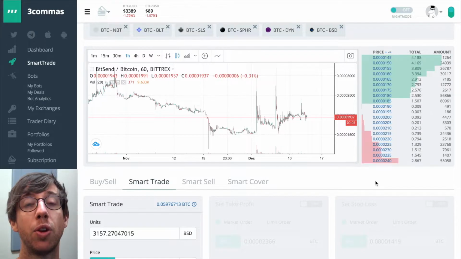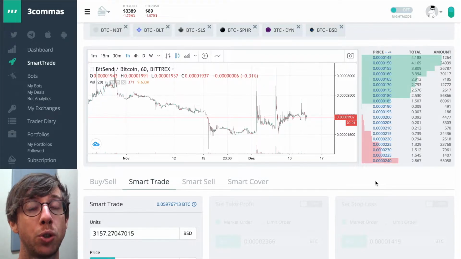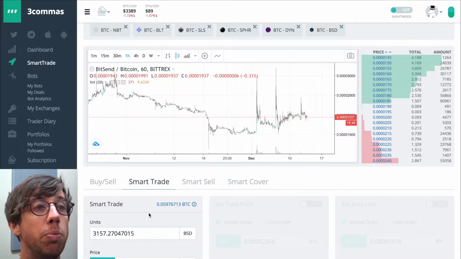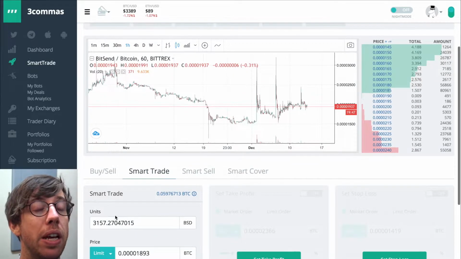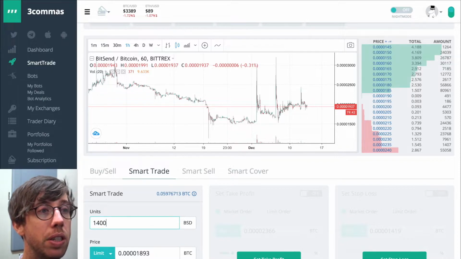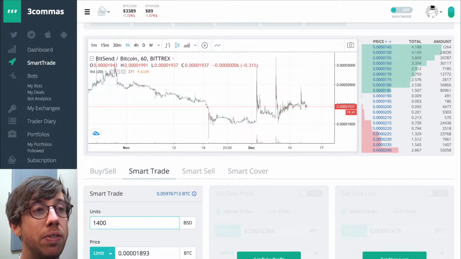Go easy on it. The way that I determine how much to put into the trade, I look at the average trading volume. So I can see here that there are lots of people wanting to play. This is about 140,000 BSD. So let's say 140,000, like that, I don't even have enough to do it.